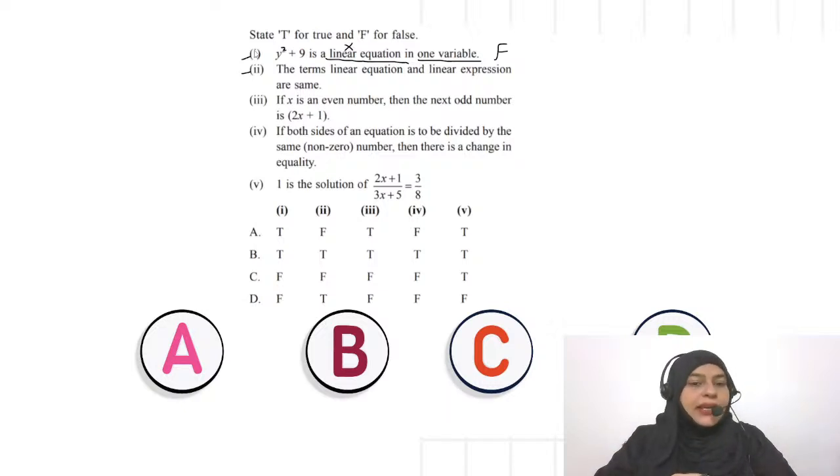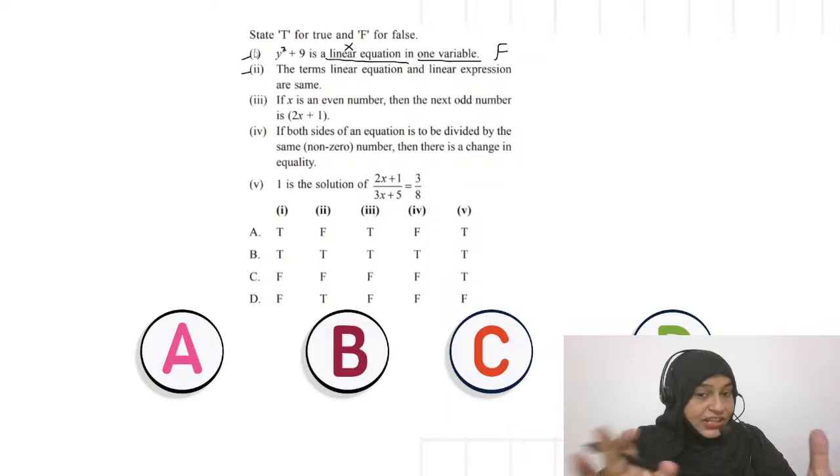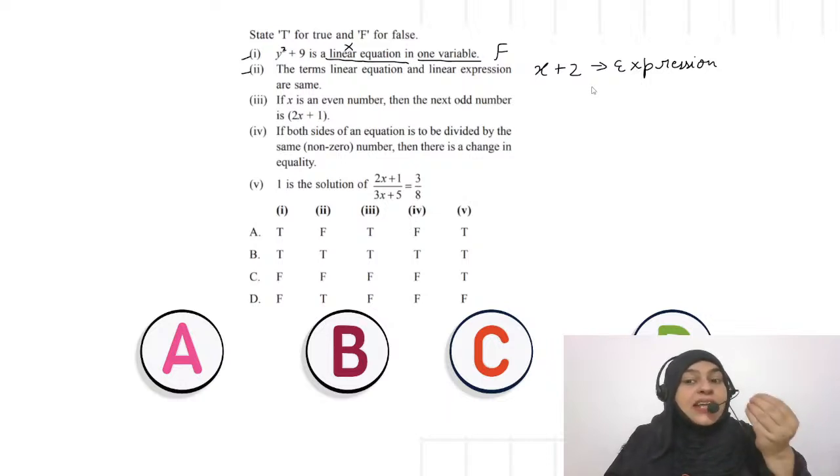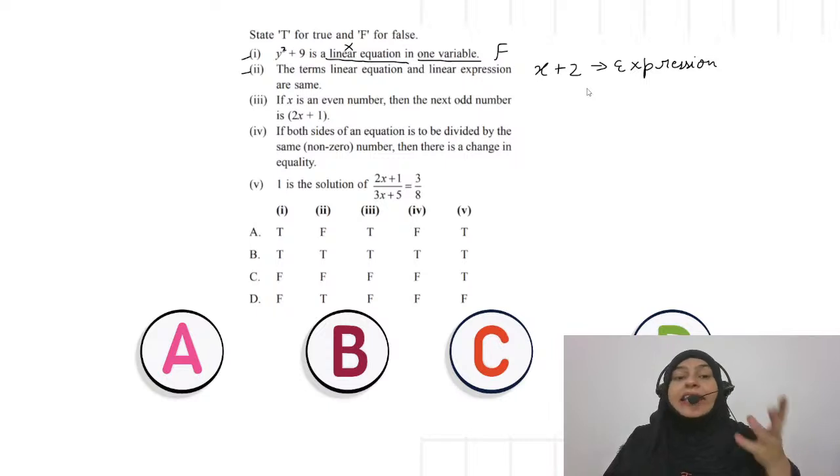Now the second part. The terms linear equation and linear expression are same. Linear expression is with some operator. That's why it is an expression, right? But if we are talking about an equation, the equation must have an equal sign. Always remember that an equation must have an equal sign.